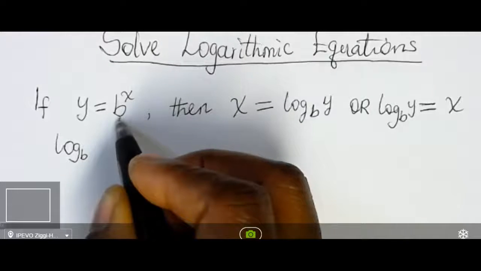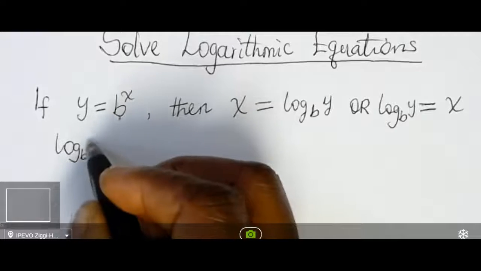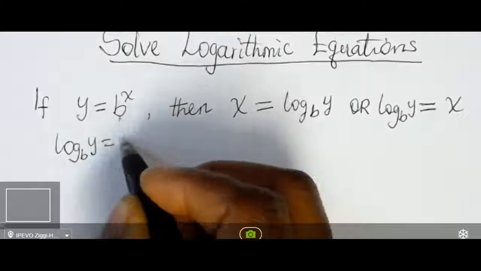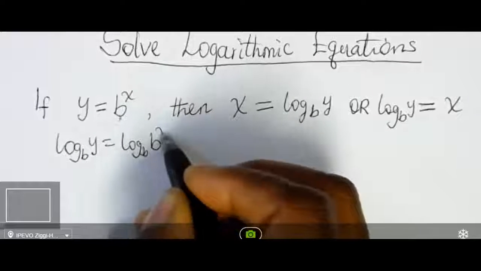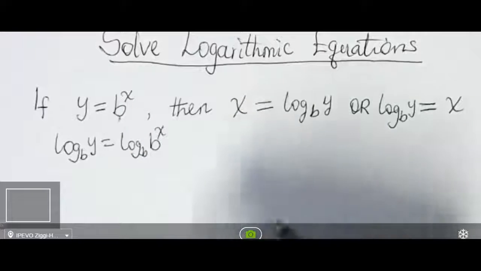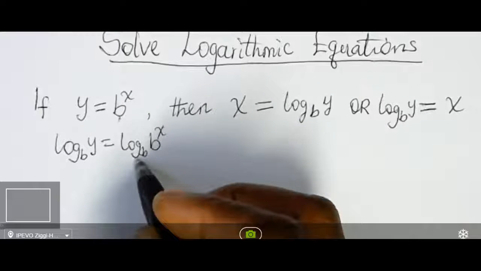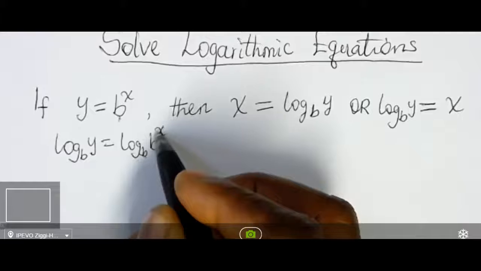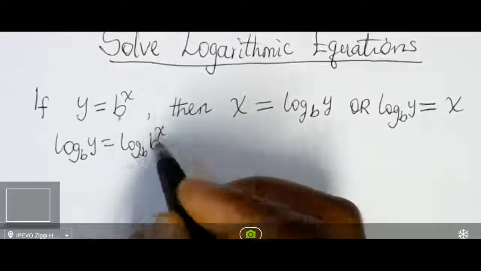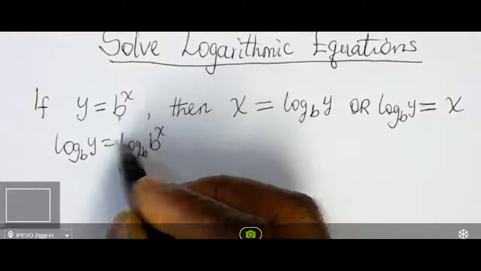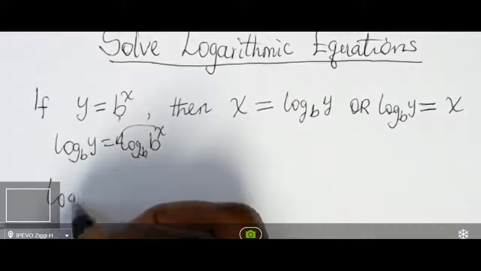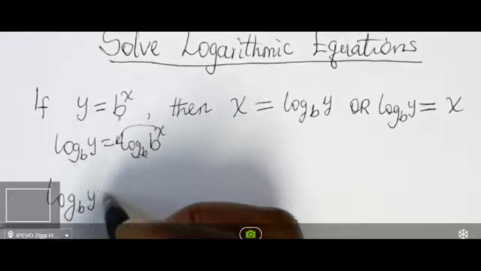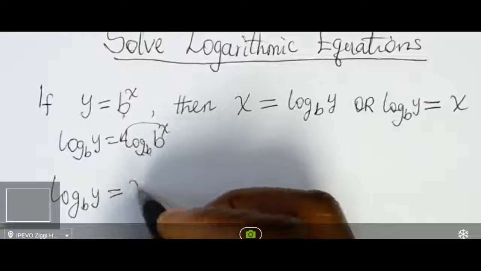If the base for the exponent is b, we take log base b. Log y of base b is going to be log base b of b to the x power. Now, by the law of logarithms, once we take the log, the exponent comes down to multiply that log.